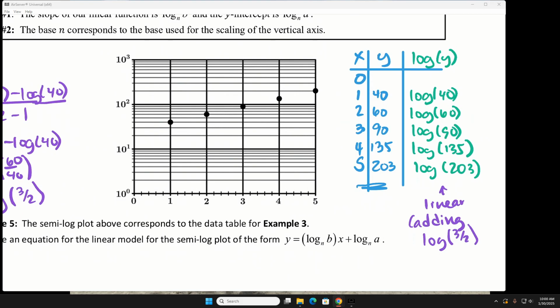And it might not feel like that's what you're doing, but if I took log of 40 and I added log of 3/2, you can't tell. If I wanted to bring those together as a single logarithm, what would I do with the 40 and the 3/2? Multiply. And when you multiply 40 times 3/2, you get 60. So log of 60 would be the next one. And then same thing, you would add another log of 3/2, multiply 60 and 3/2, and you get 90.